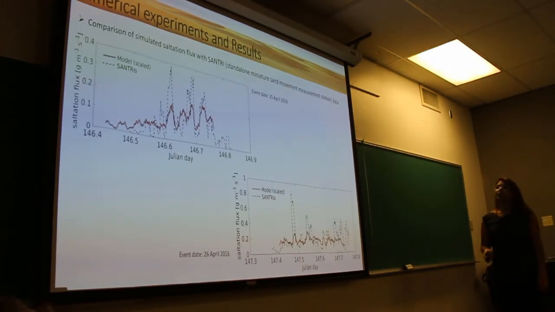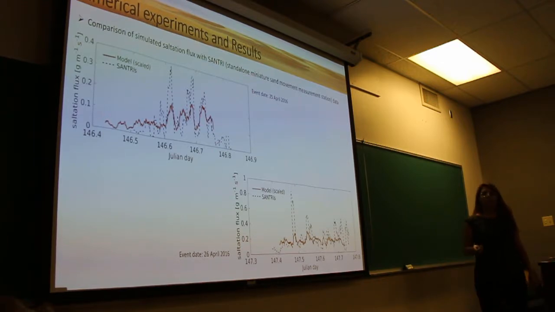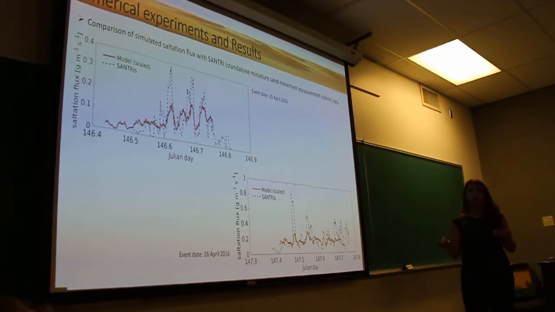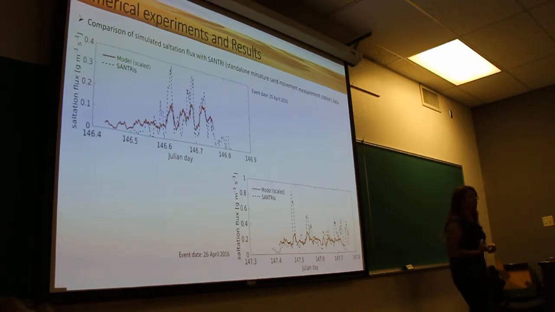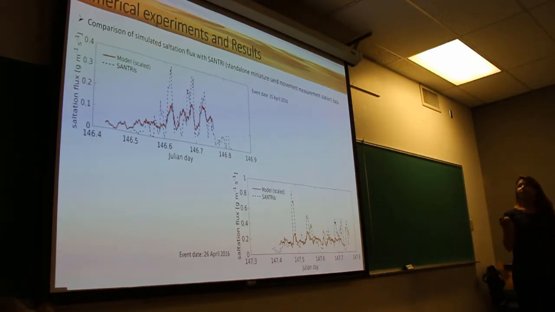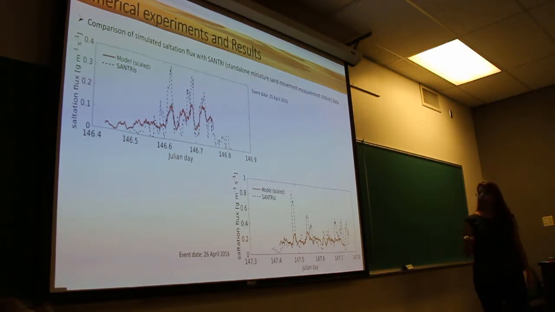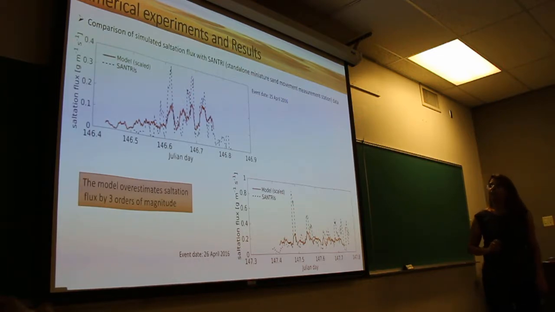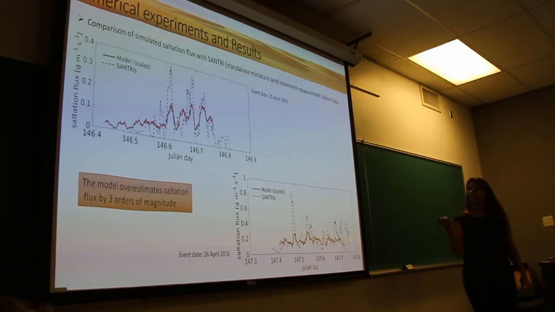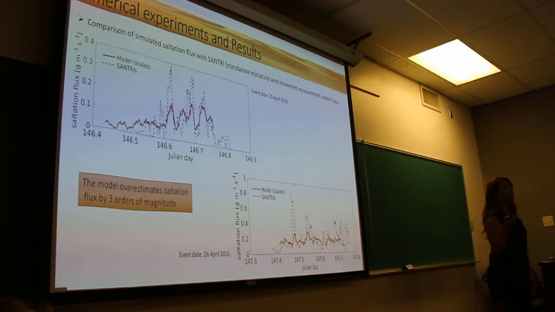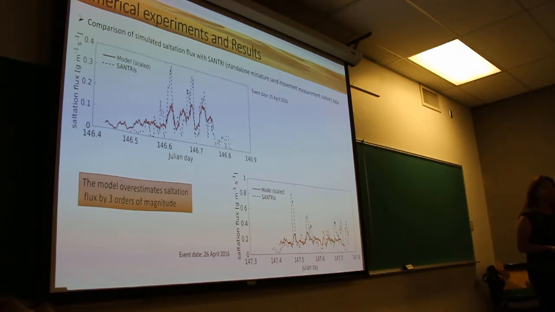And then we used some data from Sentries about saltation flux to compare our observational data with the simulated saltation flux. Sentries are instruments that we use to collect saltation flux. So when we were comparing the model to observational data, we found that the model is overestimating saltation flux by 3 orders of magnitude.